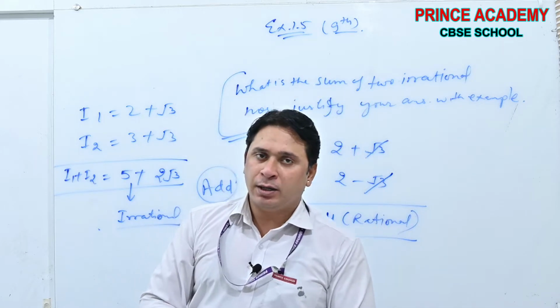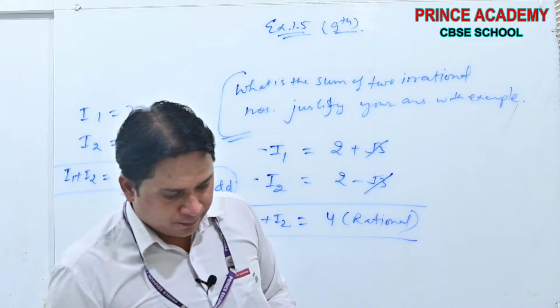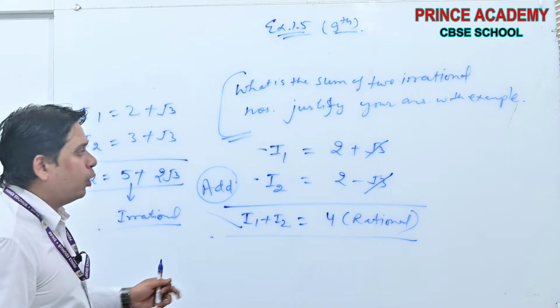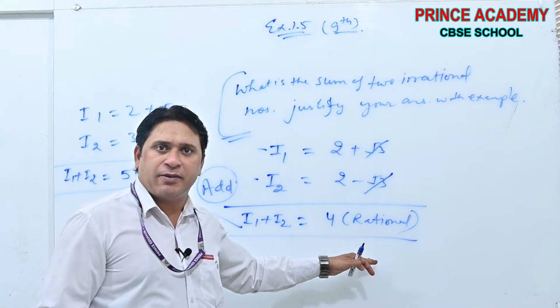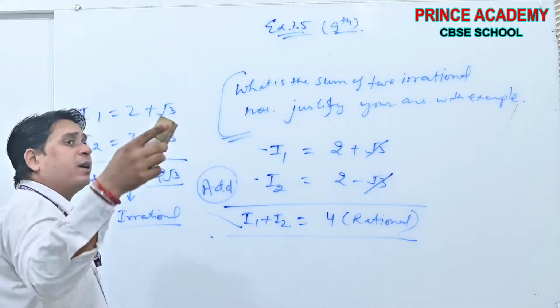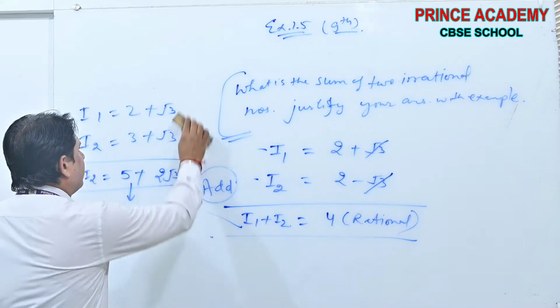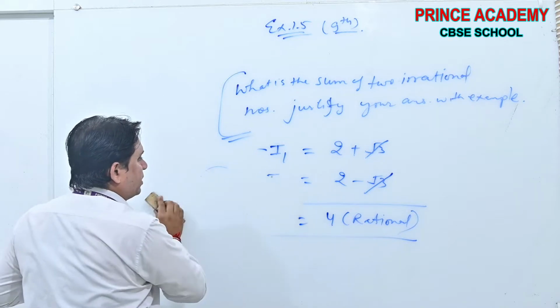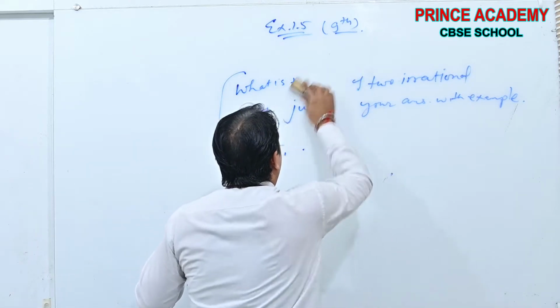You got my point? Okay? You want me to give you an example of addition and subtraction, multiplication, division? Okay. I am giving you an example of division. Other examples you will experience in the upcoming questions. Okay? Do not worry.